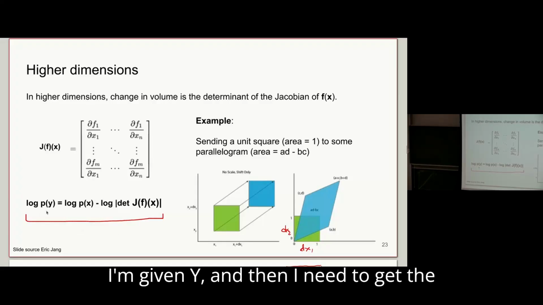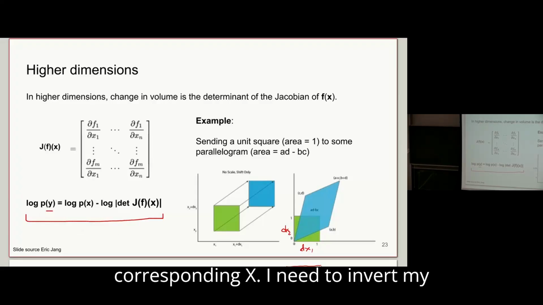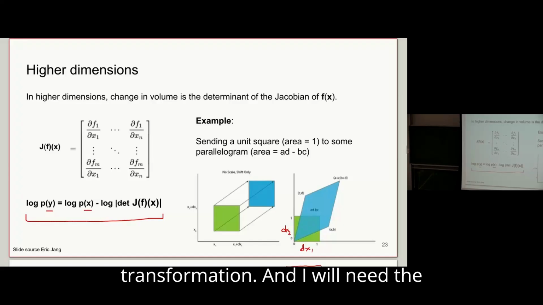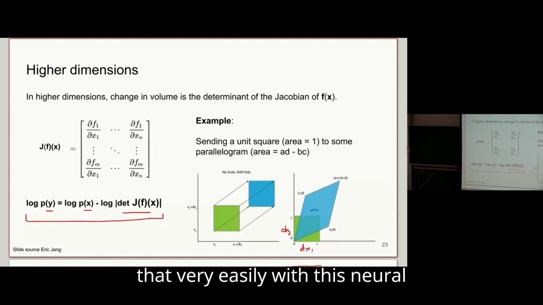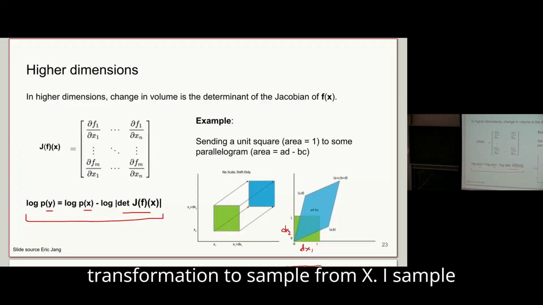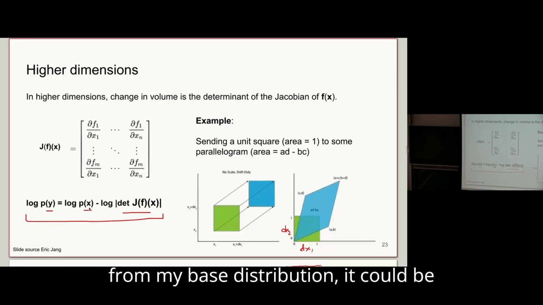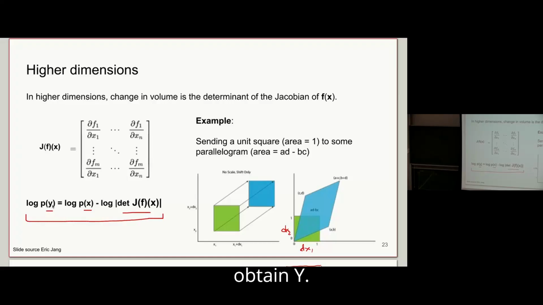I am given y, and then I need to get the corresponding x. I need to invert my transformation. Okay? And I will need the Jacobian of the transformation. I can do that very easily with this neural spline flow. I can also sample easily by just applying the transformation to samples from x. I sample from my base distribution, it could be Gaussian, and then I transform that to obtain y.